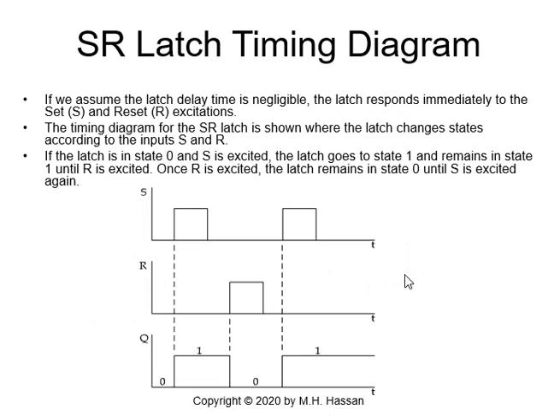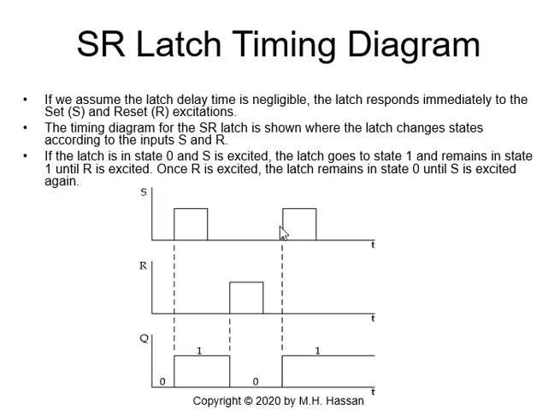Now, the next slide, and this is the last slide, is the timing diagram of the SR latch, which is a graphical representation of the truth table. Again, it shows how the next state will work.